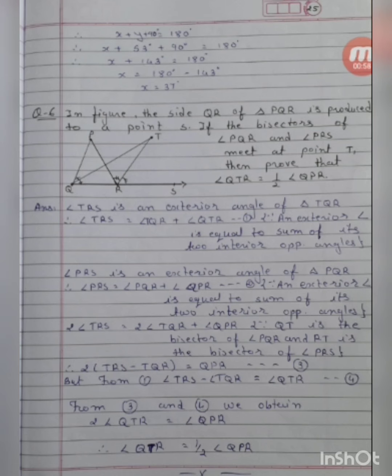But in the figure it is given that QT is the bisector of angle PQR and RT is the bisector of angle PRS.